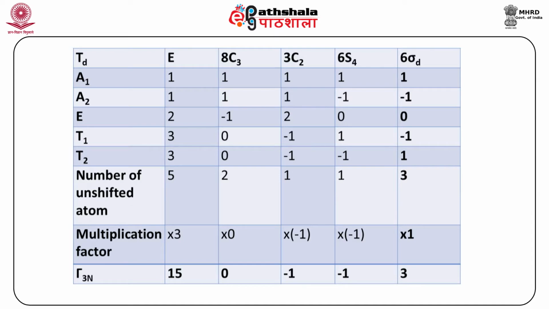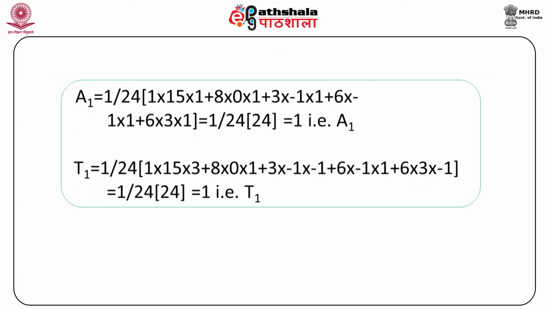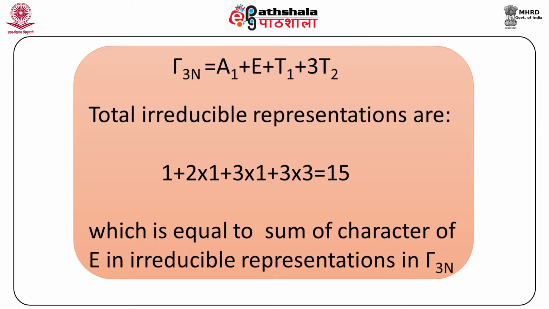We go for the multiplication factor and we get tau reducible as 15, 0, -1, -1 and 3. And this tau 3n can be reduced by following the standard reduction formula, and the result is tau 3n is A1 plus E plus T1 plus 3T2.